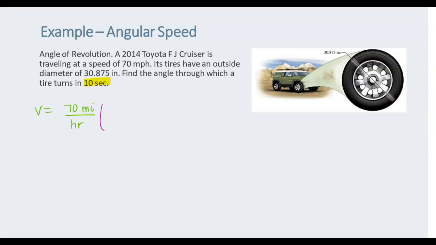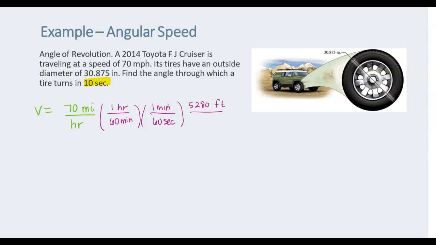Let's do 1 hour over 60 minutes, 1 minute over 60 seconds. I'm changing it into seconds. And then I'm going to also change the miles into feet.